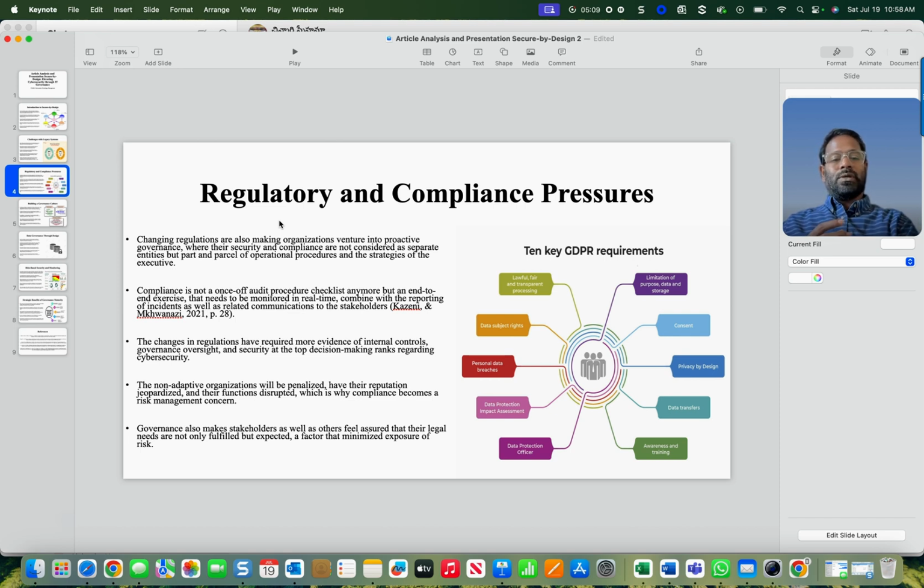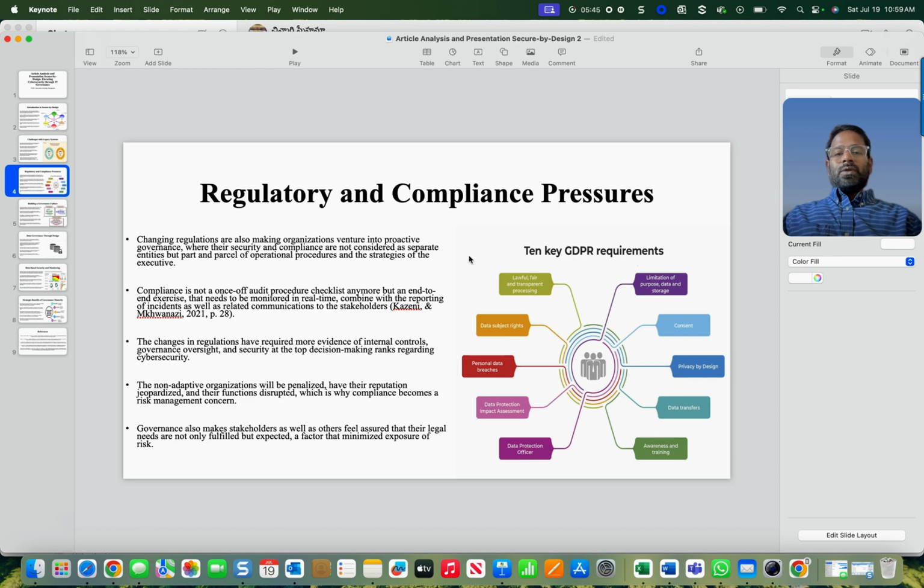As I'm showing on this diagram, there are 10 key GDPR requirements: limitation of purpose, data and storage, consent, privacy by design, transparency, awareness and training, data protection officer, data protection impact assessment, notification of data breaches, data subject rights, and lawful, fair, and transparent processing.